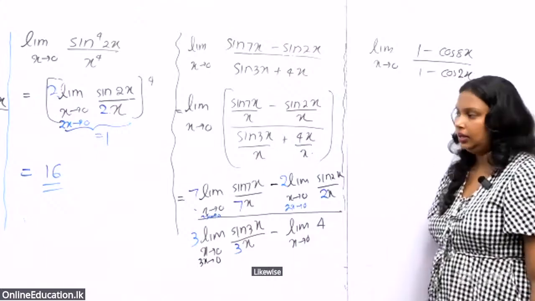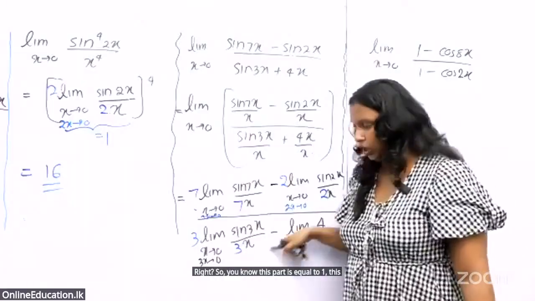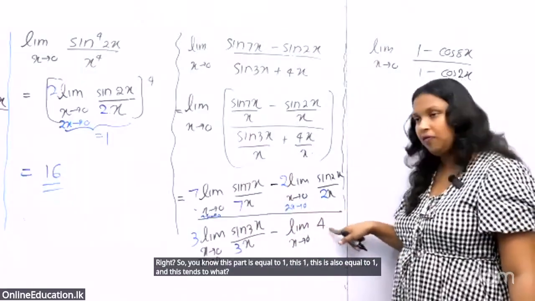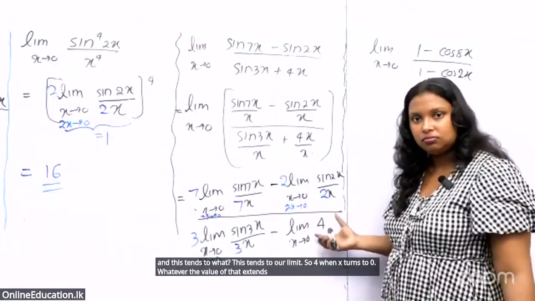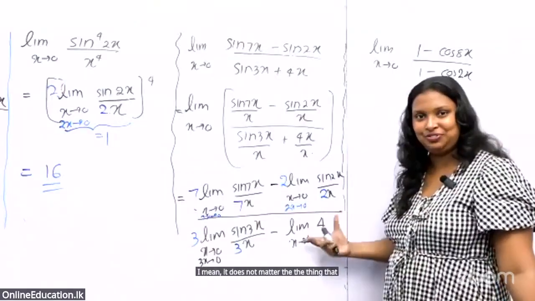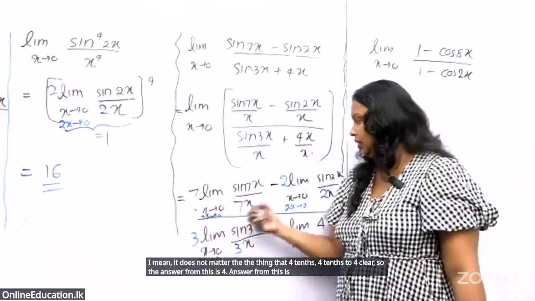Likewise. So this part is equal to 1, this is also equal to 1, and this tends to what? Limits of 4 when x tends to 0. Whatever the value that x tends to, 4 tends to 4. Clear? So the answer from this is 4. Answer from this is 3, 7, 2.